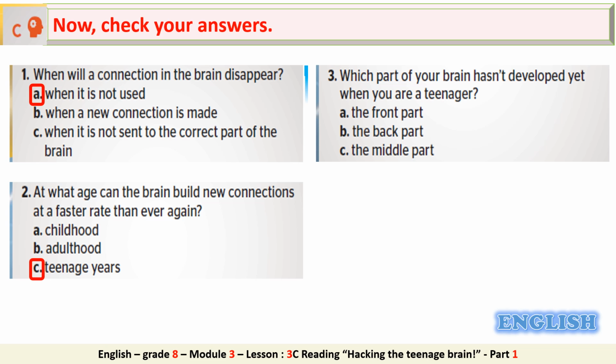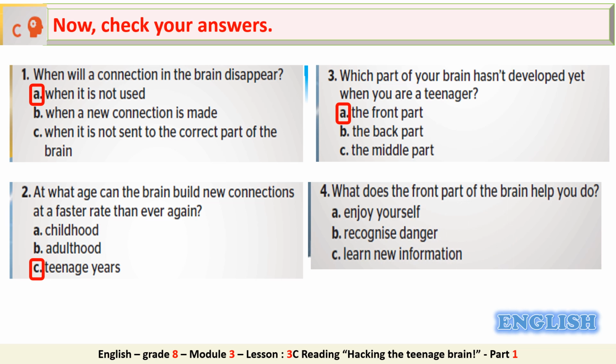A. The front part. B. The back part. C. The middle part. Excellent. The front part. 4. What does the front part of the brain help you do? A. Enjoy yourself. B. Recognize danger. C. Learn new information. Excellent. Recognize danger.